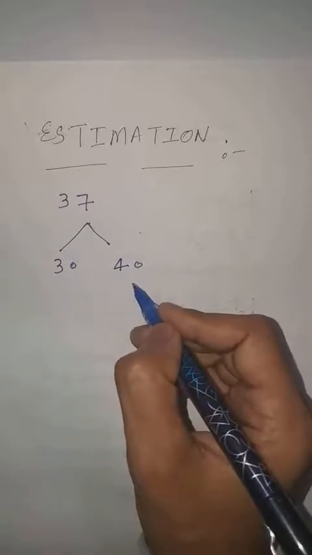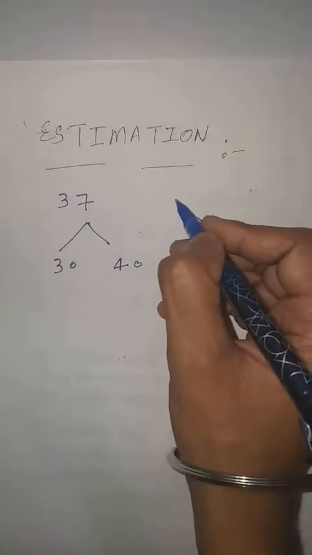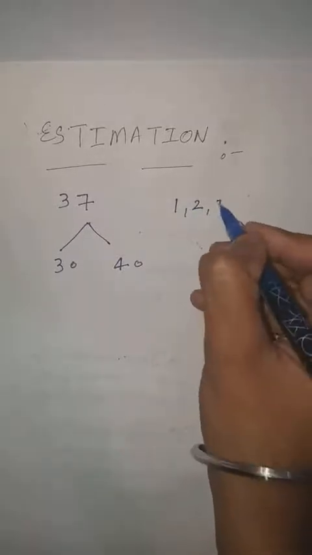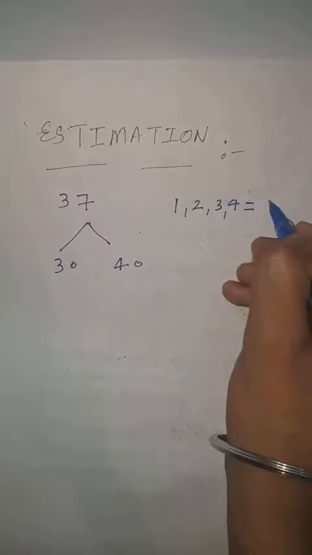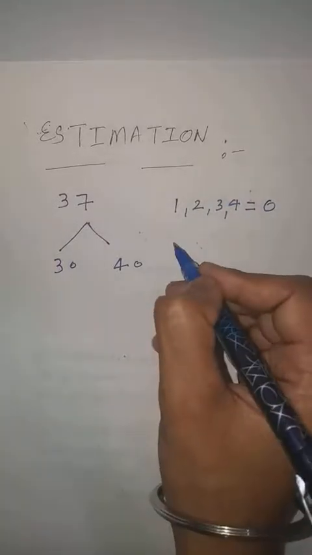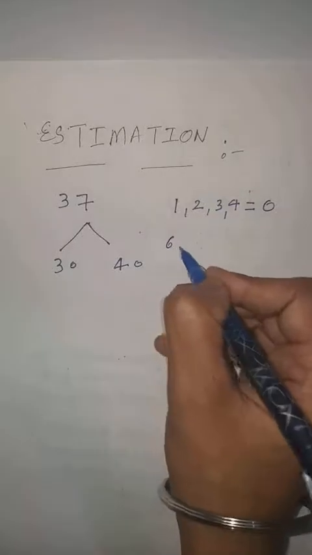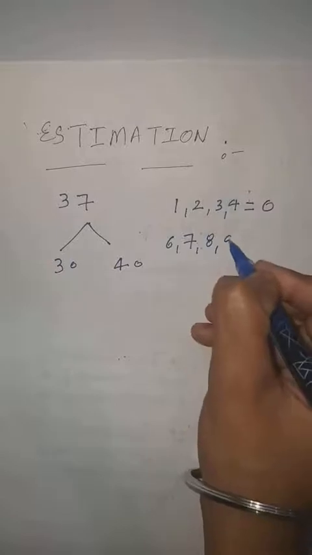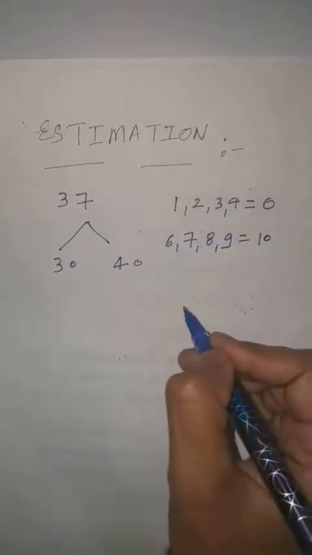So for this there is a simple rule. If the ones digit is 1, 2, 3, 4, you will use 0. And if the ones digit is 6, 7, 8, 9, you will put 10. How will you use this?